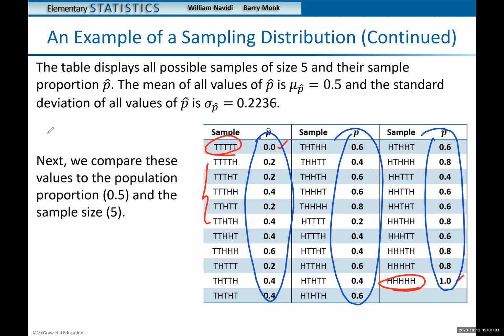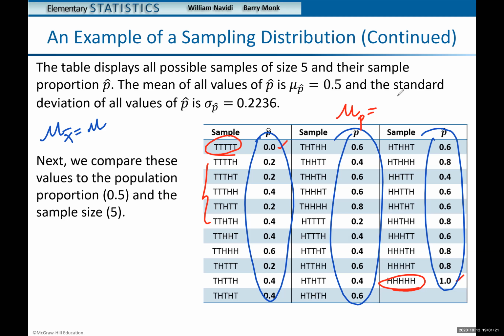Remember earlier, the mean of all the means is equal to the population mean. So if I ask you to get the mean of all these proportions, what do you think is the answer? 0.5.